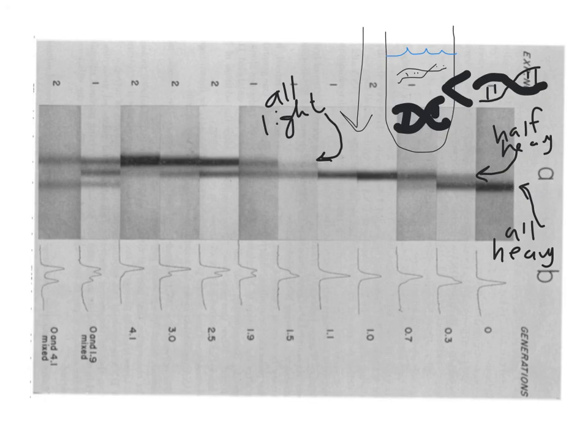If it's conservative, then it would be half in the first generation, and then it would be heavy, light, but it would be half and half at all. Does that make sense? You wouldn't have any middle bands. Exactly.